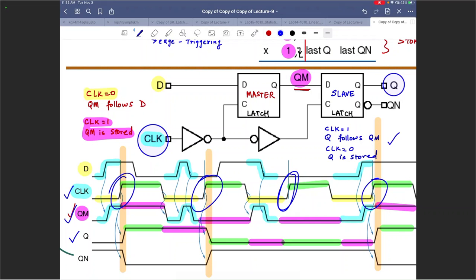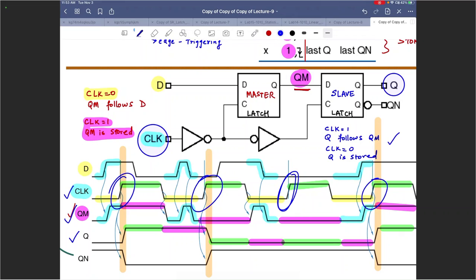So think about it like this. There is one guy that is latching D and the other guy that is latching the output of the first latch. Because things are happening one after the other and they are latching things based on high level of the clock and then low level of the clock and then high level of the clock, the overall thing is responding to when the clock goes from low to high.